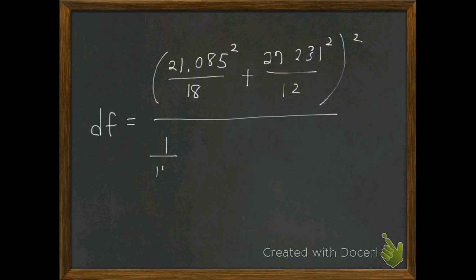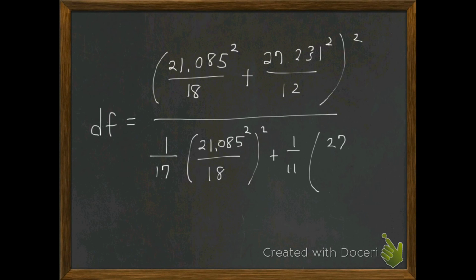Now 1 over 17 times 21.085 over 11. Well, that's the ugliest 2 in the history of 2s.